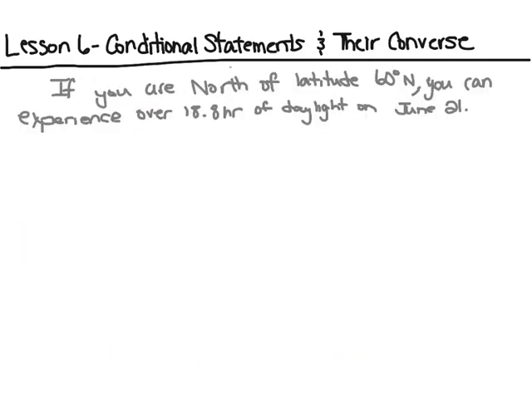Example 2: if you are north of latitude 60 degrees north, you can experience over 18.8 hours of daylight on June 21st. So first we want to see if this is true. Our hypothesis is that you are north of 60 degrees north. So that would be true.